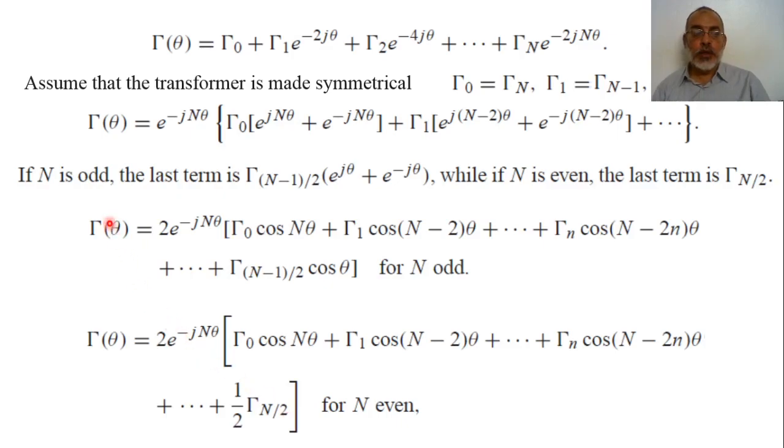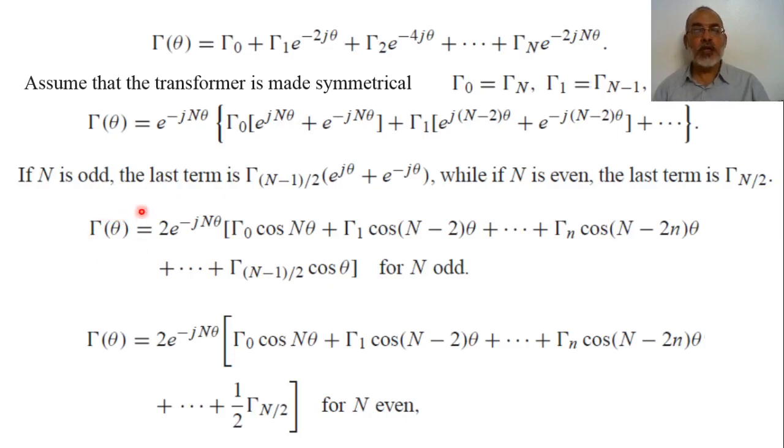So, for the case of a symmetric transformer, where gamma naught equals gamma n, gamma 1 equals gamma n minus 1, and so on, we have the reflection coefficient as a function of theta. As I mentioned before, theta is beta L, and beta is 2 pi over lambda. So effectively, theta corresponds to the behavior with frequency.